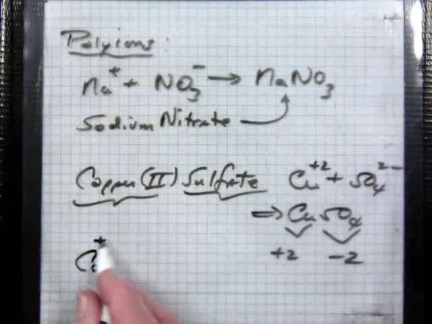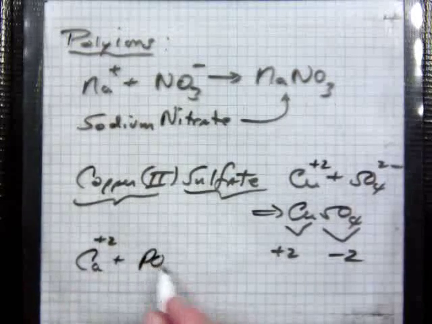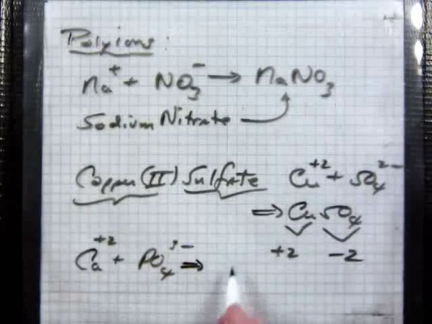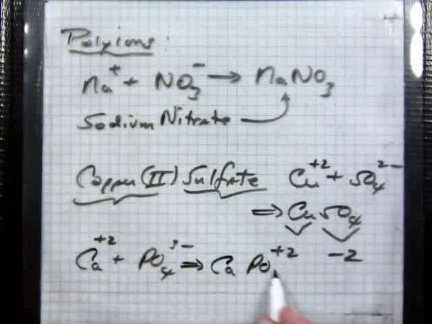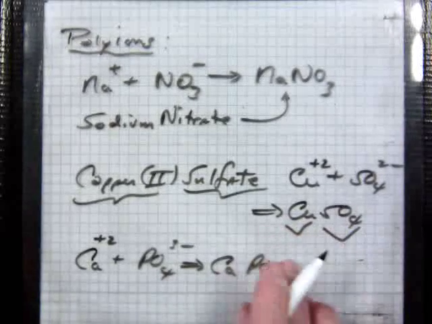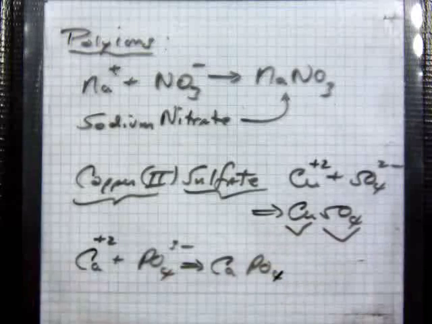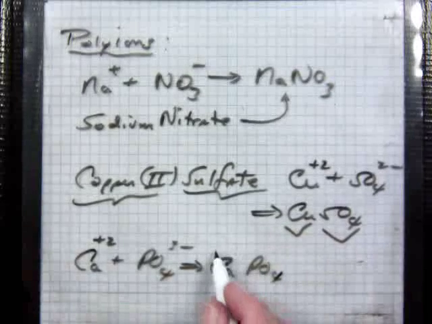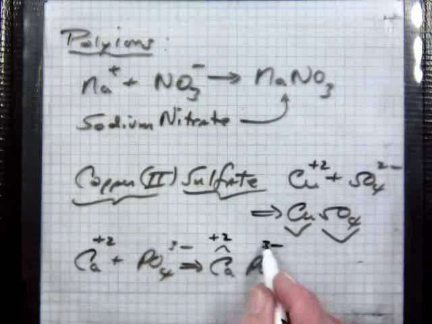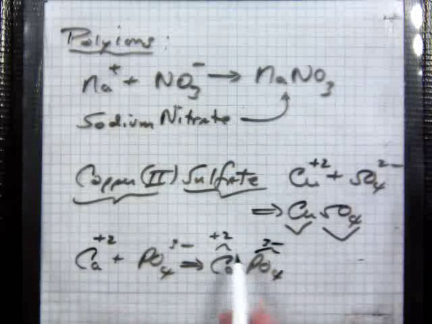Calcium +2 plus PO4, 3 minus. I put that one together, and you have a calcium and phosphate. Calcium and a phosphate. How about that? Okay. Well, calcium, as you know, is a +2. This is a 3 minus or -3. Okay. Now you can use the old crisscross if you want to.